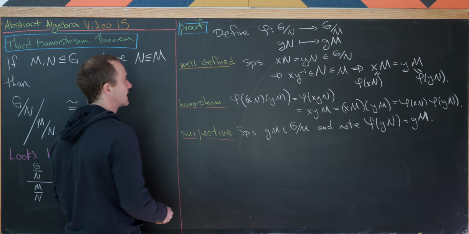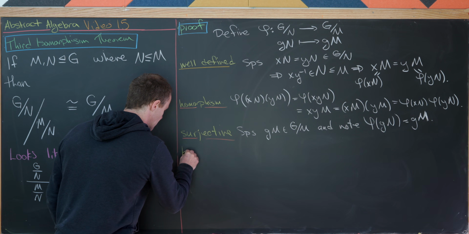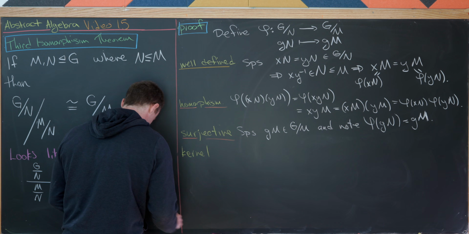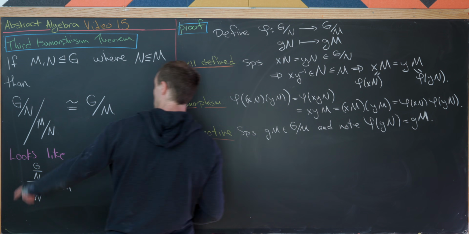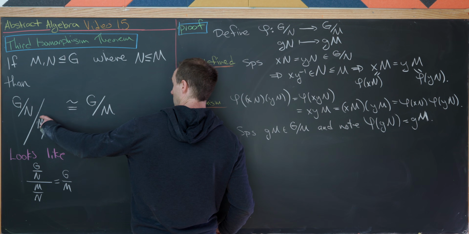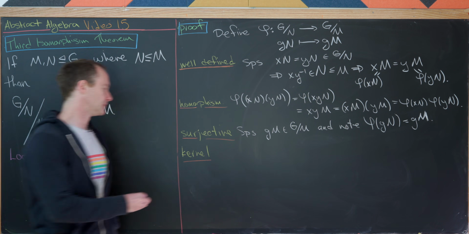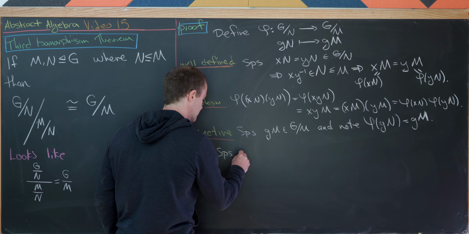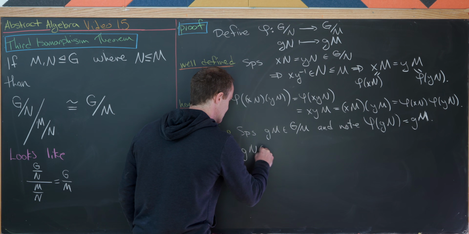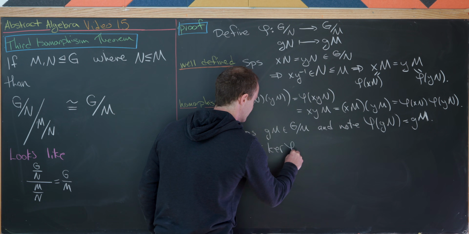Now we want to calculate the kernel. So what is the kernel in this case? Well, looking over here at our result, we hope the kernel is this group M mod n, but we'll get there. So let's suppose that Gn is inside of the kernel of phi.